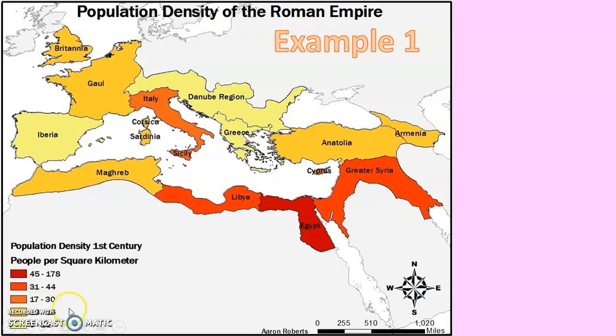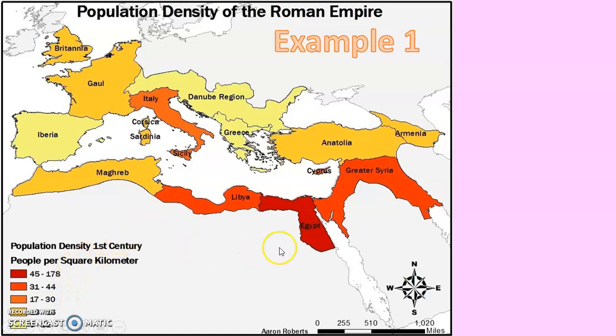We can see over here in the legend that a darker color represents more people per square kilometer. A dark orange has a lot of people, but not as many as red, and it goes all the way down until this light yellow color, which has the fewest people per square kilometer in the 1st century of the Roman Empire.